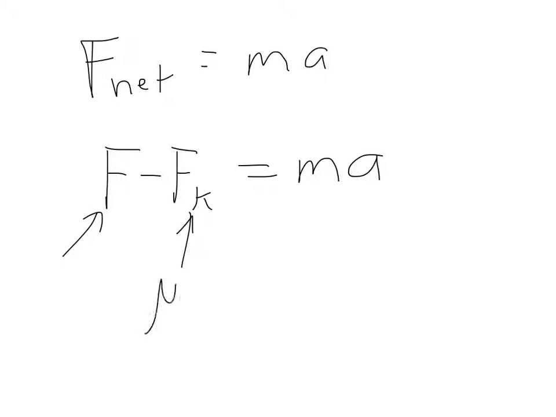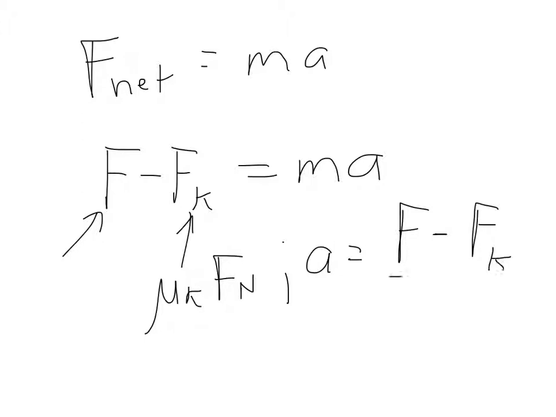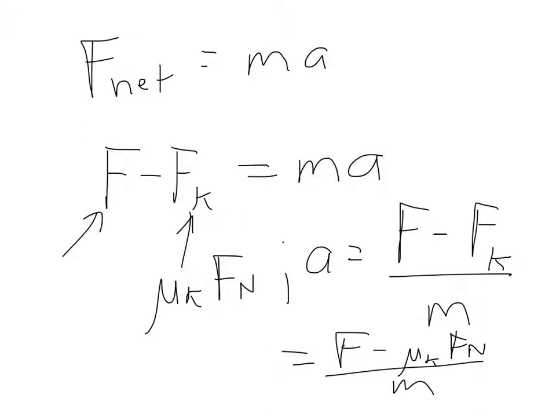This is equal to mu k Fn. So that means that the acceleration is equal to the force you're pulling the object minus the force due to kinetic friction, divided by the mass, which is equal to F minus mu k Fn divided by the mass.